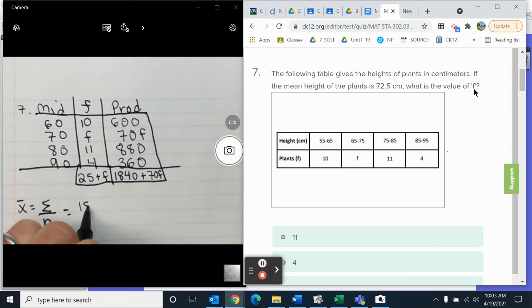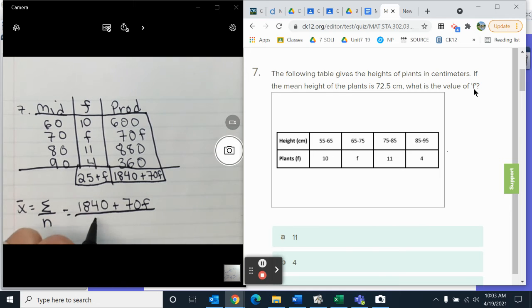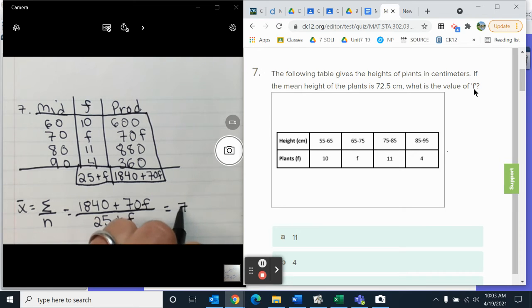So we have 1840 plus 70 F, all divided by 25 plus F. And that will be a mean height of 72.5 centimeters.